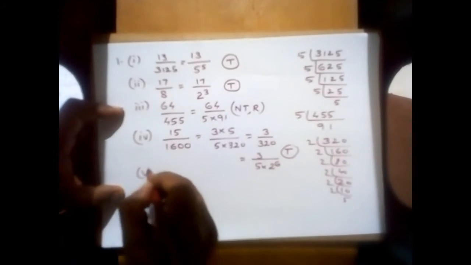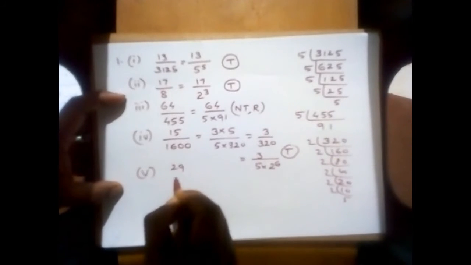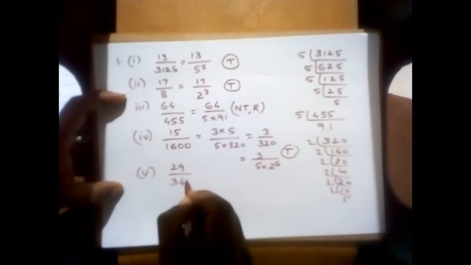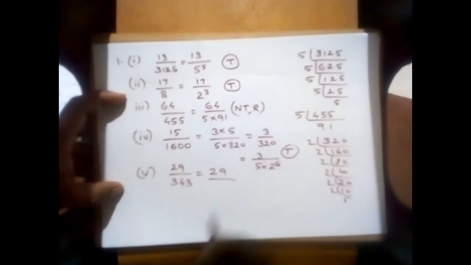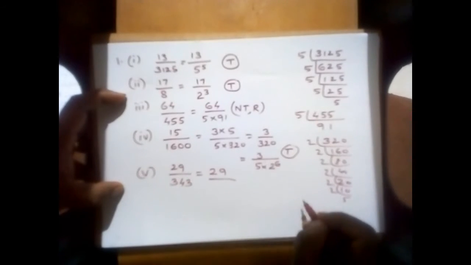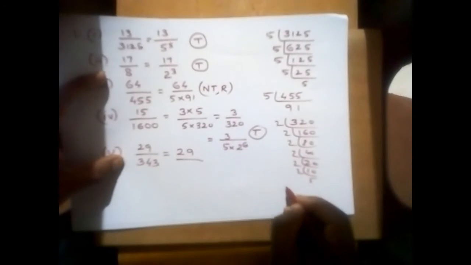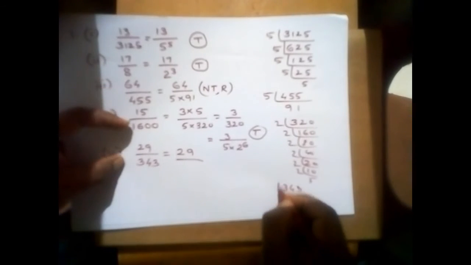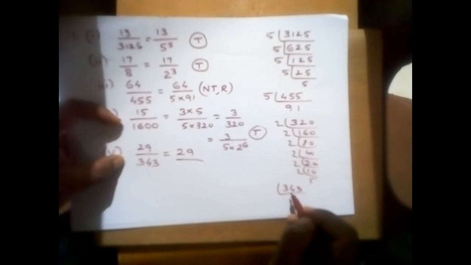Now the fifth question, 29 divided by 343. 29 we know is a prime number. 343 we can factorize: 3 is not a factor, 7, yes.